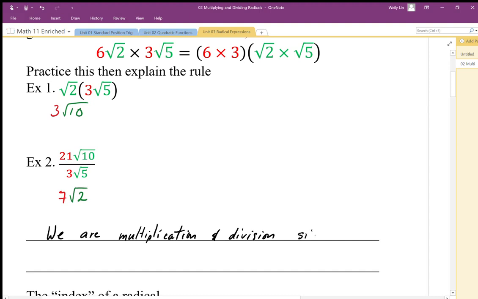Since multiplication and division are commutative, meaning you can rearrange them, we are rearranging multiplication and division, since times and divide are commutative.